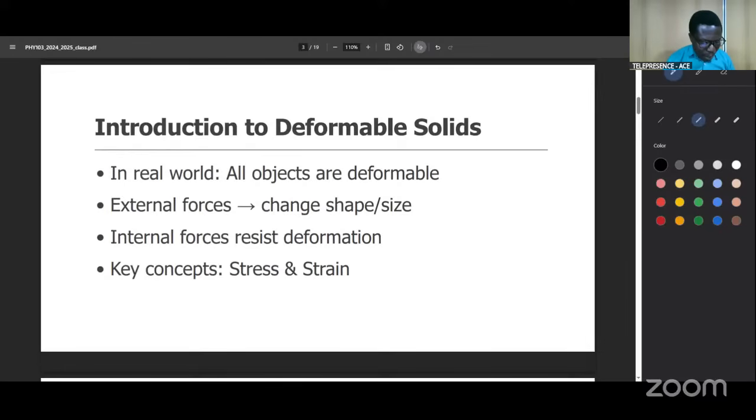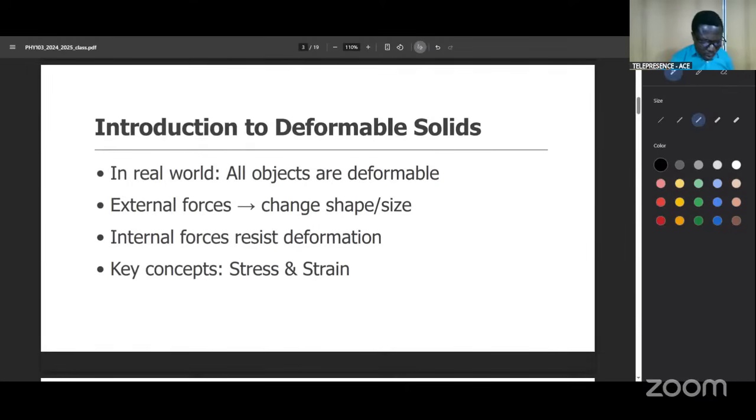But ideally, we normally view materials as if they are rigid bodies. That is, we normally think the body materials will always maintain their shape and size and do not change under the action of forces. This assumption at times looks as if it is true, but it is not.